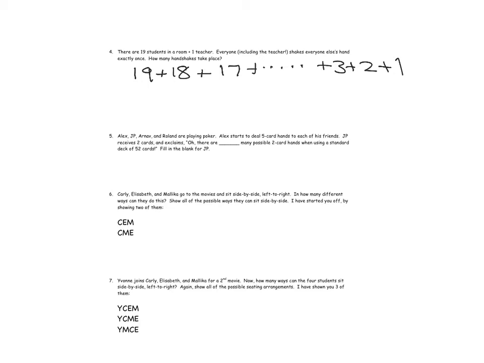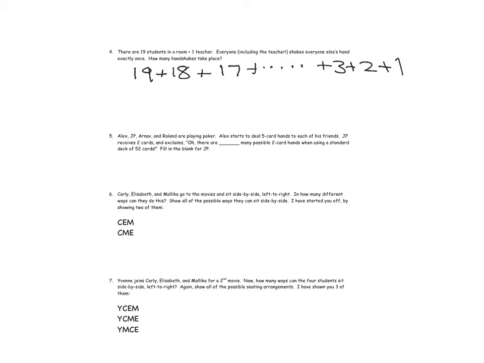That's one way to think about it, and it's called an arithmetic sequence, which you'll learn over the summer, which normally we would have done by now, but we're not there yet. Another way to think about it is: how many pairs of people can we have? Because when you're shaking hands, you're thinking of pairs, and the key is order doesn't matter. Me shaking Joe's hand is the same as Joe shaking my hand, so I have to divide out the order.